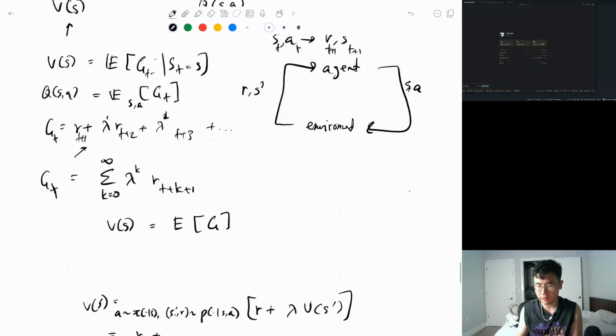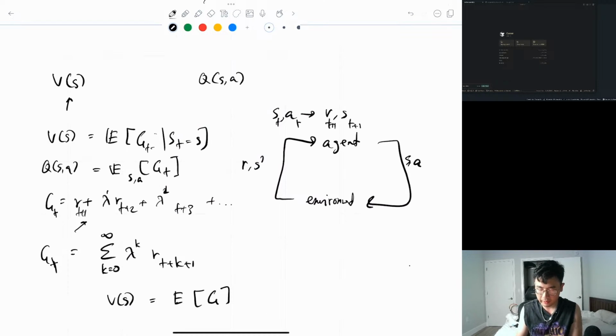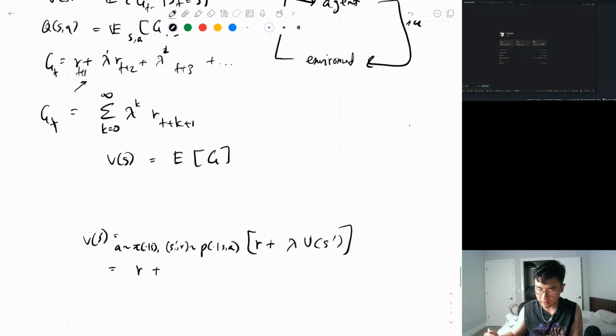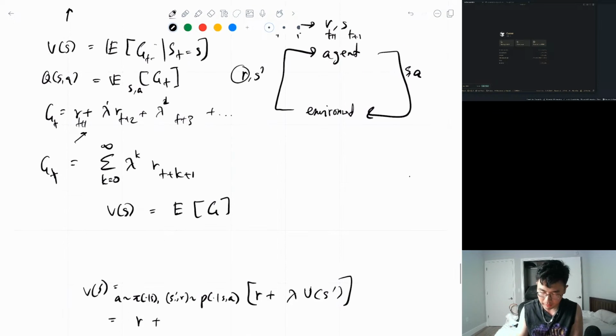Your agent steps through this environment, takes some state, decides to make an action, and then the environment gives you back a new state and a new reward, right? And you do this process over and over again. If you were to take all of these rewards that you accumulate and discount them, your value function should be able to capture all of that.